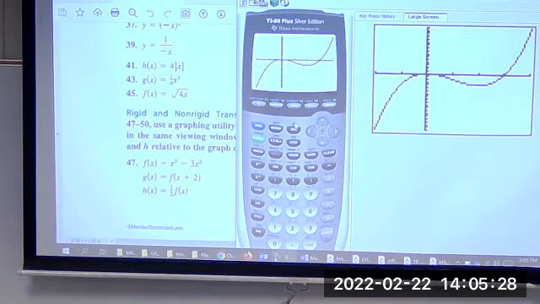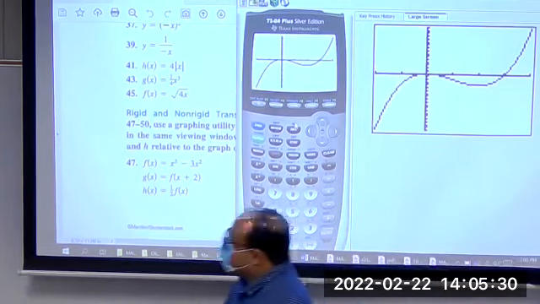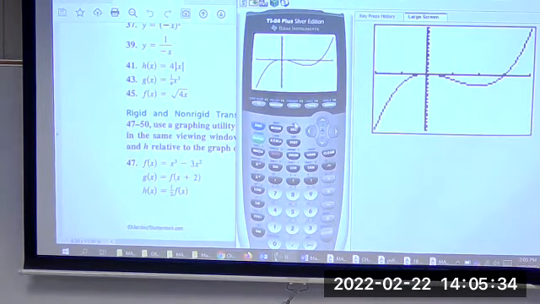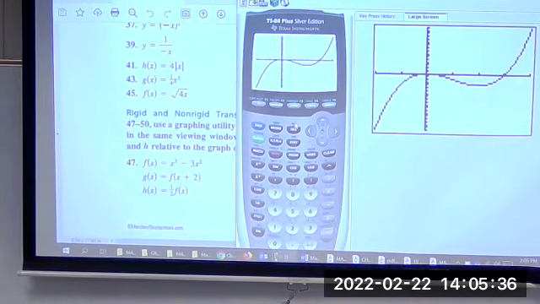Now, instead of actually having to type in the next function as x plus 2 to the third minus 3 times x plus 2 squared, granted, you could type it in exactly like that.